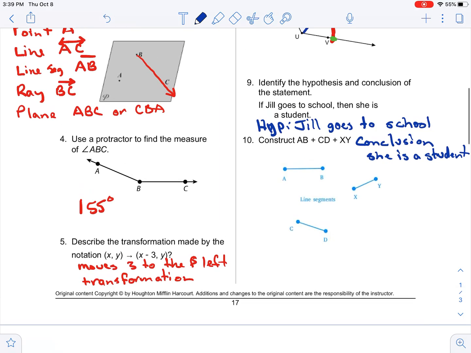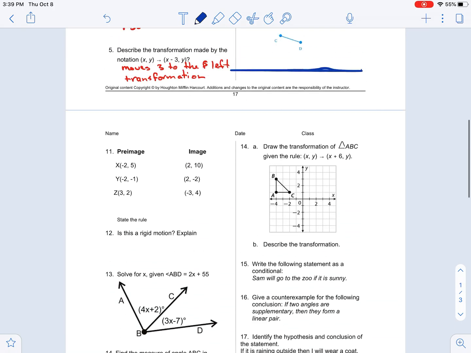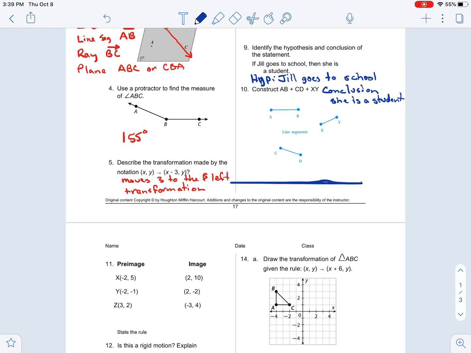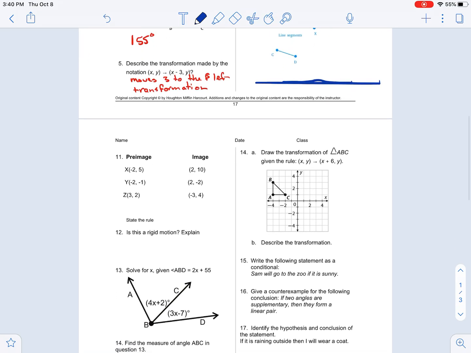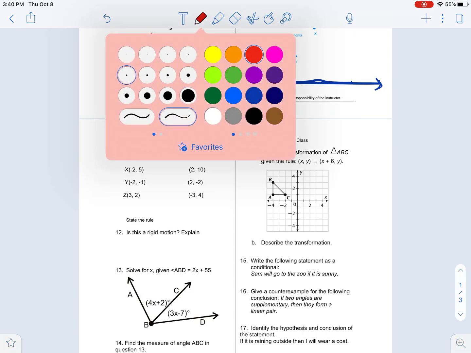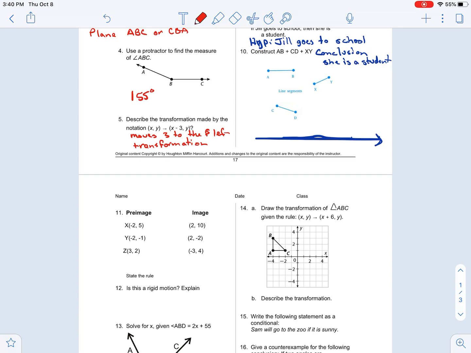Next, we want to construct this. First thing you're going to make is a ray. So I'm going to have, and actually I'll do it this way. So there's my ray that I'm going to use. And now I'm going to take out my compass and measure the length of AB. So I'll start with AB.